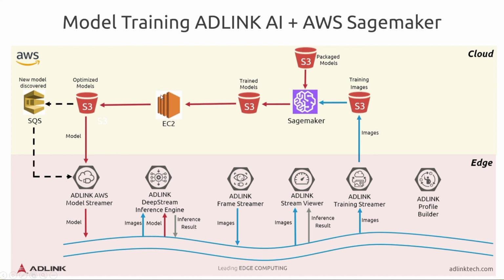And then we have an app that isn't in the profile I just showed you, which is our AWS model streamer. And what that does is it automatically receives a notification from an S3 bucket that a new model has been created. It immediately downloads the model and automatically applies that to the DeepStream inference engine, allowing us to create a constant loop of being able to capture and train models via images, via AWS, and automatically have it deployed when the new model is ready.